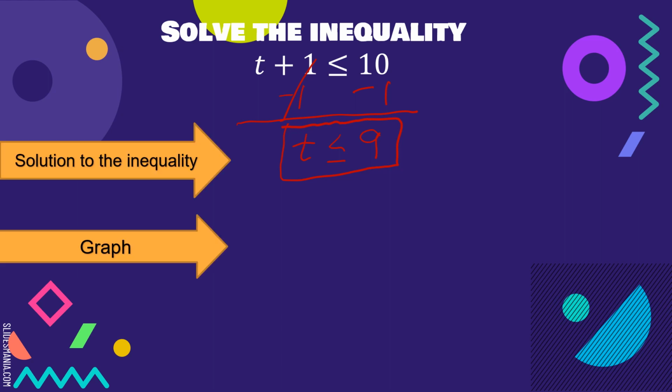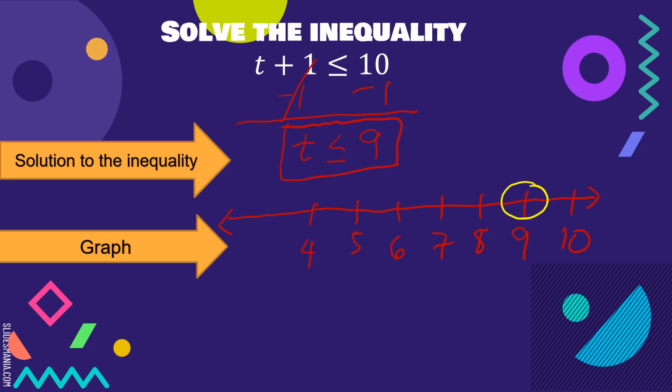The next thing to do is to graph this one. We are going to make a number line. Let's begin with, let us say, 4, 5, 6, 7, 8, 9, and then 10. Our area of interest is 9.